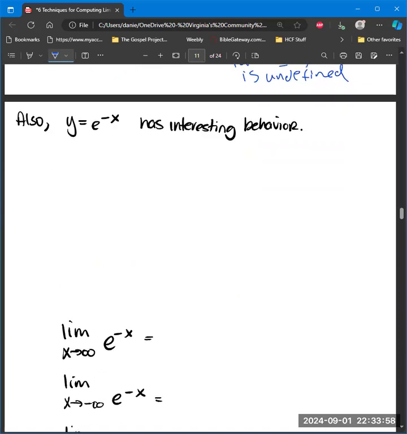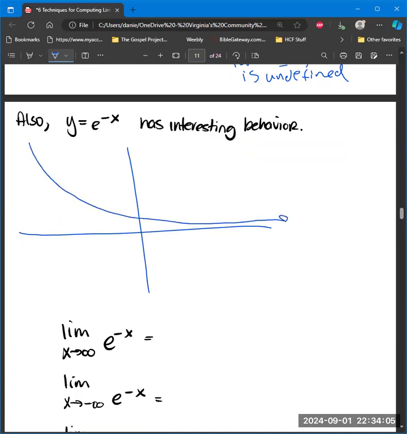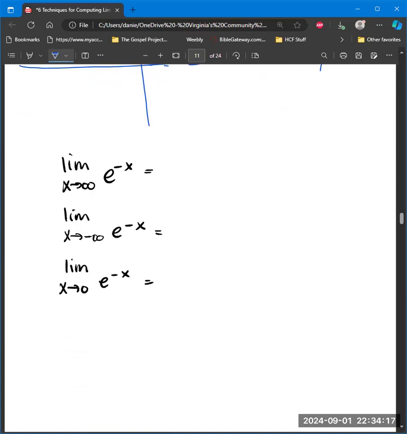Also, y equals e to the negative x has interesting behavior. That is an exponential function that falls to the right like that. It also goes through the point (0, 1), and it has a horizontal asymptote on the right at y equals 0. So the limit of e to the negative x as x goes to infinity is going to be 0.